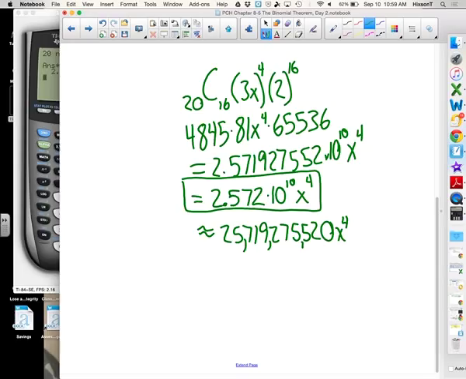So for right now, just believe that you have to do it. We're going to get into that in our next unit when we do probability and statistics. We're going to look at the binomial probability theorem, which is basically the same thing, just in a slightly different context.